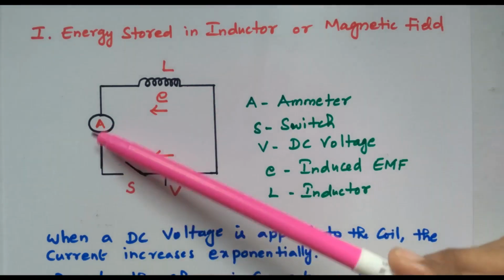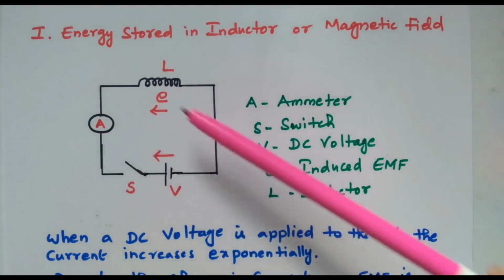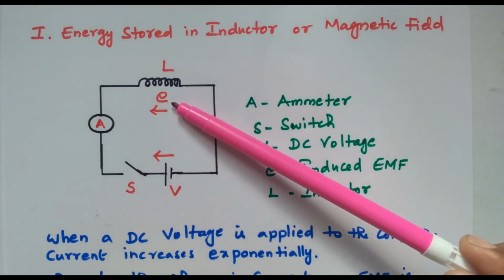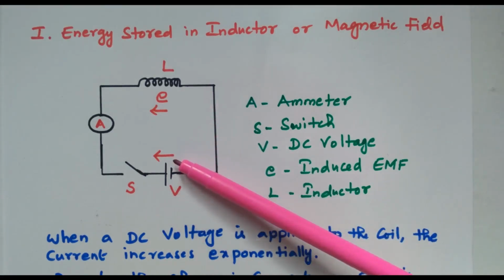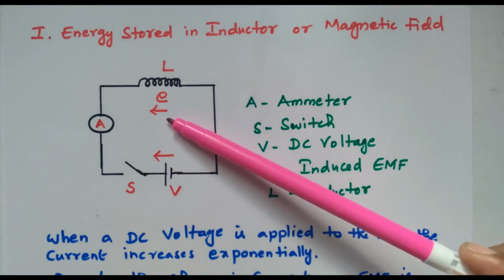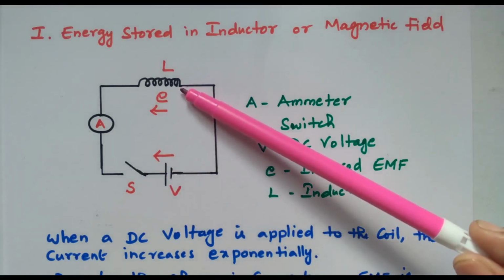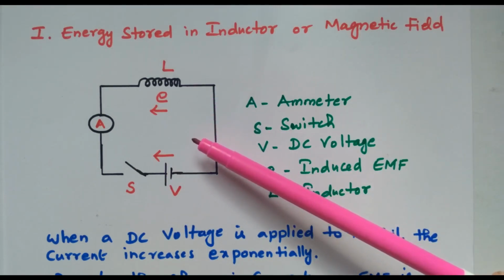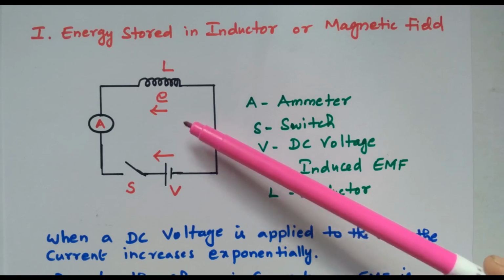The induced EMF will oppose the supply voltage, so the work done by the DC source is converted into energy stored. So the work done is equal to energy stored.